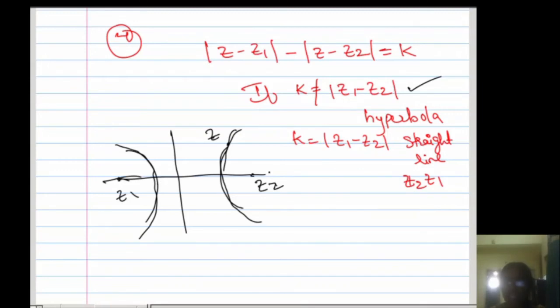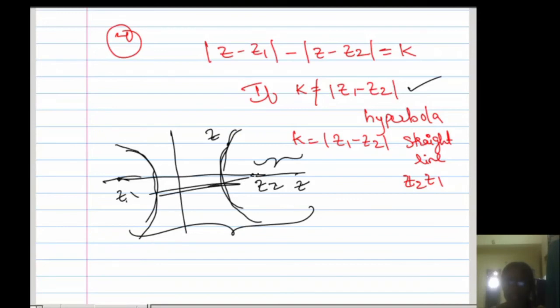If Z lies here, then mod Z minus Z1 minus mod Z minus Z2: Z minus Z1 is the total distance from this to this, minus this distance Z minus Z2, and the subtraction is equivalent to the distance between Z1 and Z2.